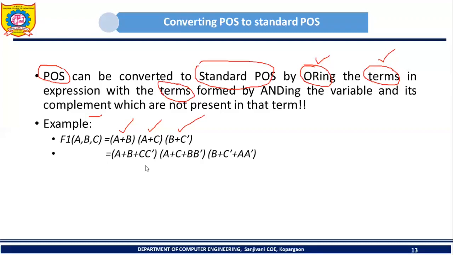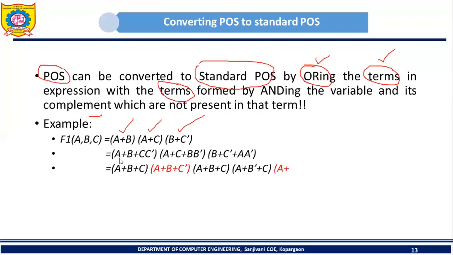Then dot, in the second bracket I will have A plus B plus C bar. Similarly, this particular term will get divided into two terms. The first term will be A plus C plus B, dot, A plus C plus B bar. Similarly here also, B plus C bar plus A, dot, B plus C bar plus A bar.